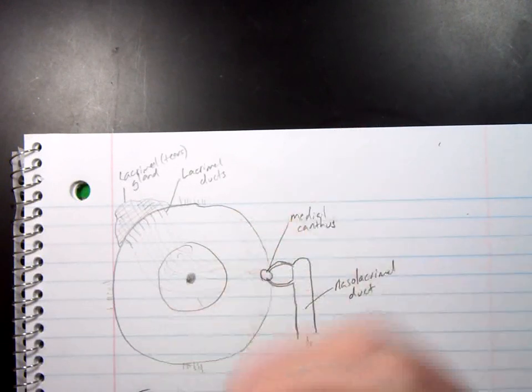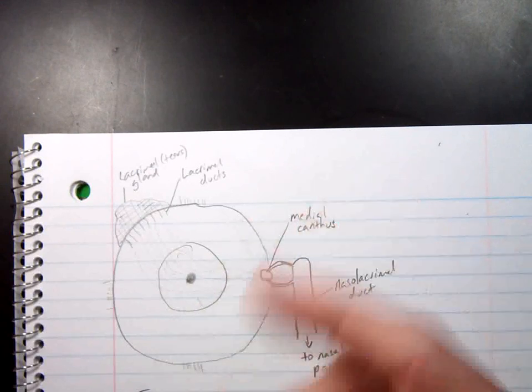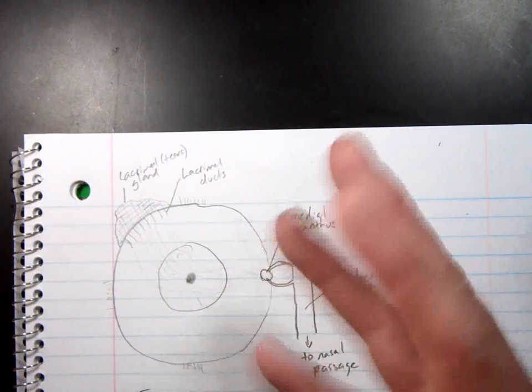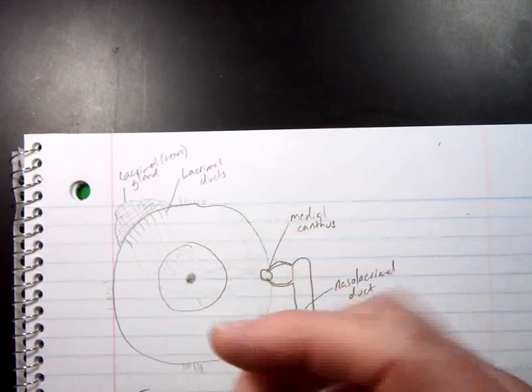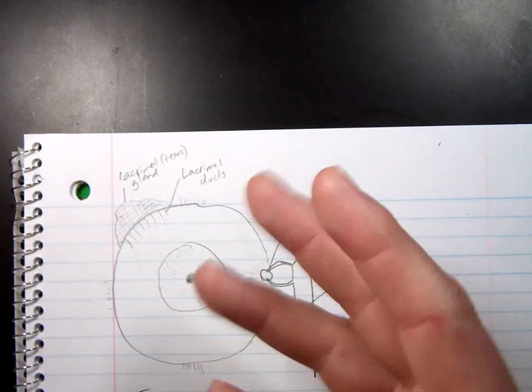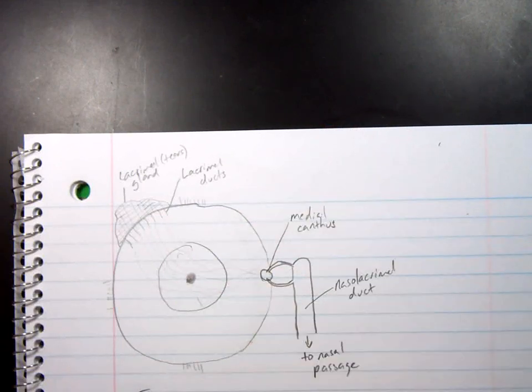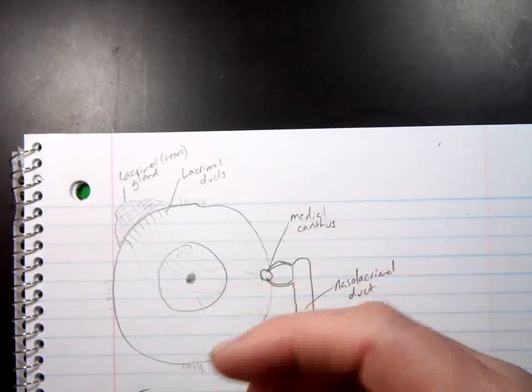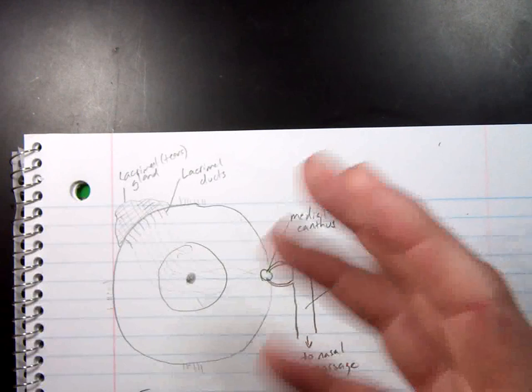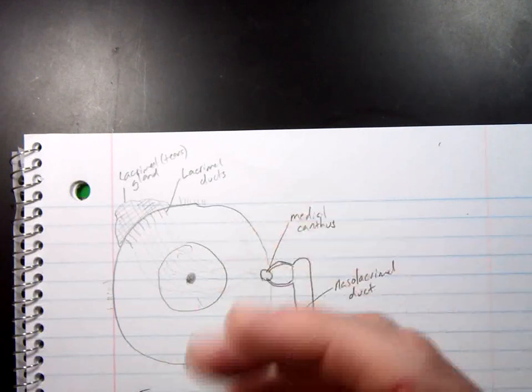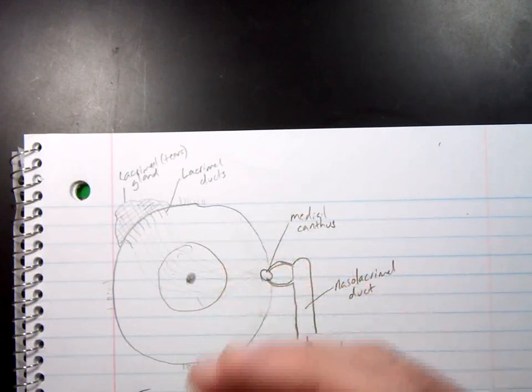Just like the cilia lining the ventricles of the brain is able to move the cerebrospinal fluid, you have these cilia lining your nasal passage that directs all these tears toward the back of your throat and then into your stomach. These also direct the mucus that's in your nasal passages toward the back of your throat and to your stomach.